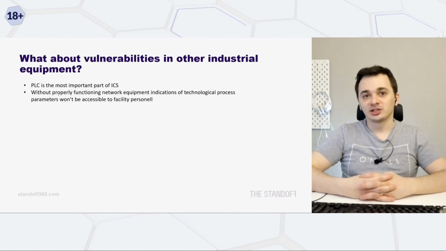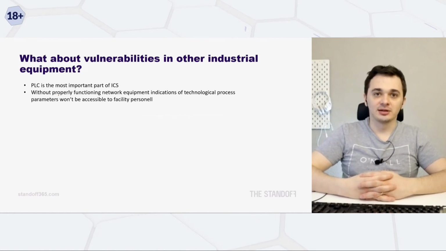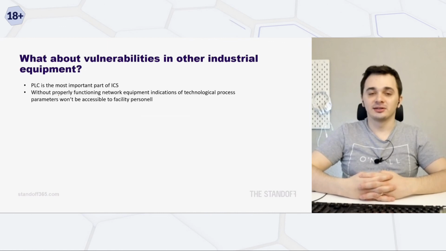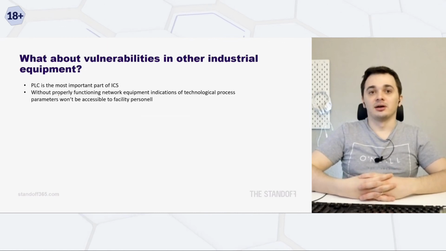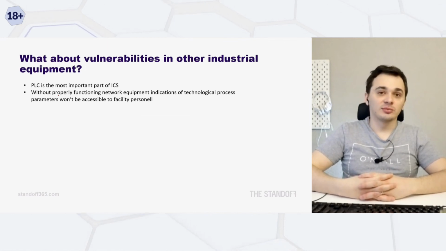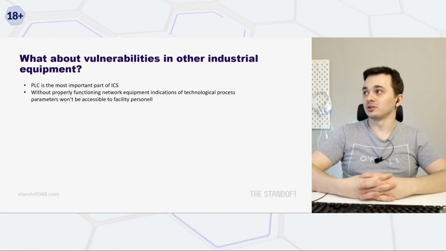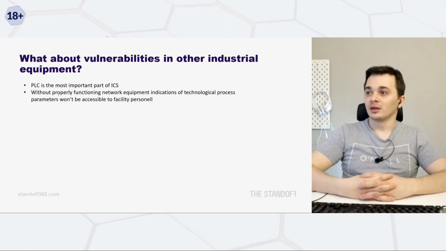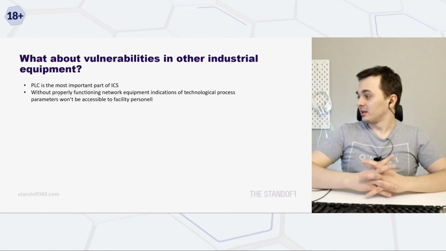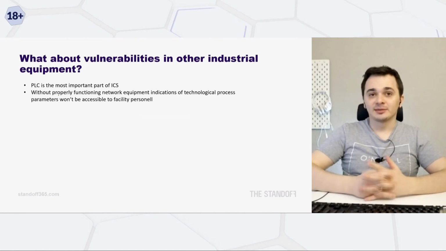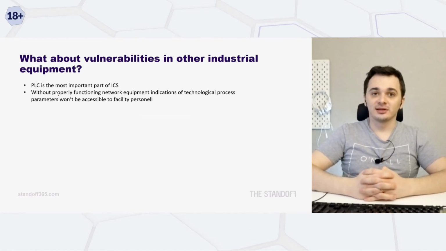When network equipment is attacked, connection to the PLC will be endangered. The technological process itself will continue to run. However, the features for managing the technological process remotely will be undermined, although you will be able to manage it locally.